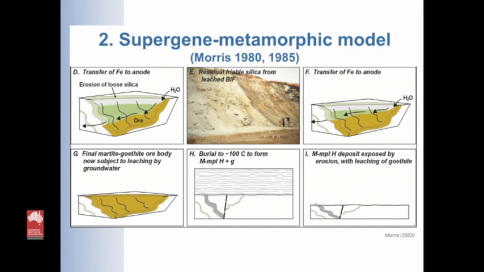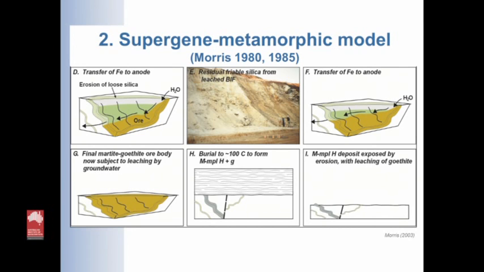Put quite simply, what he envisages is an upgrade in the BIF due to supergene processes during the Proterozoic. This started from bottom-up types of enrichment, so it led to substantial iron upgrade within the BIF until it stopped at surface.